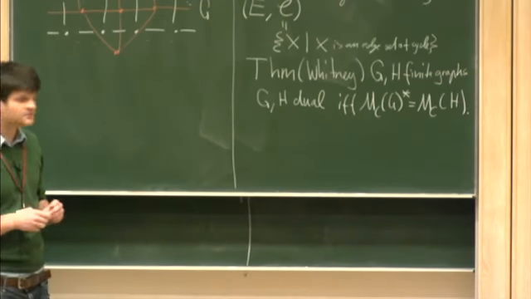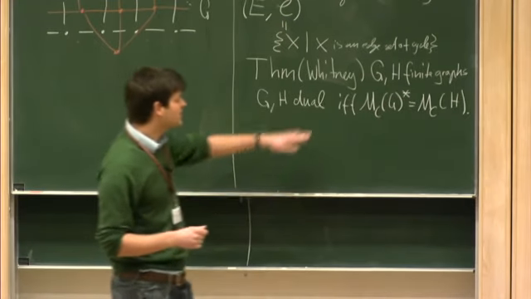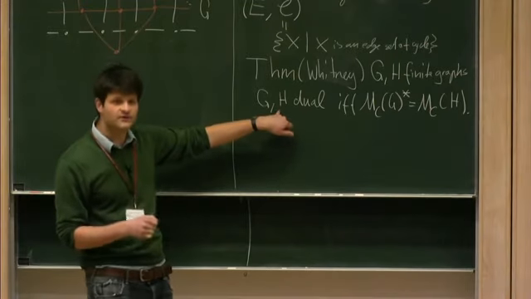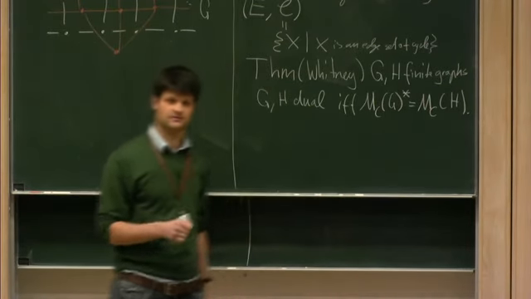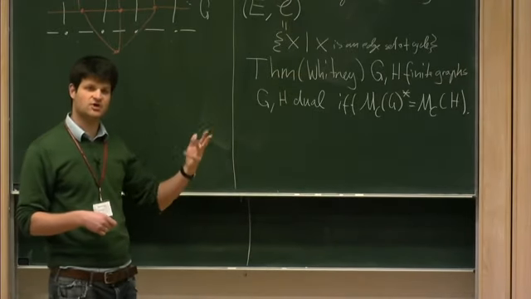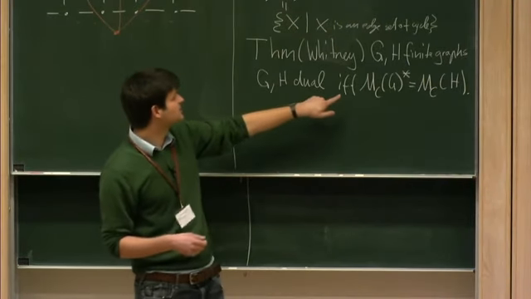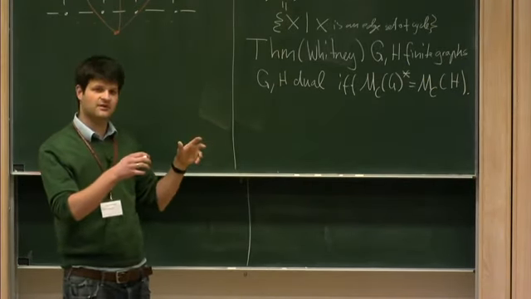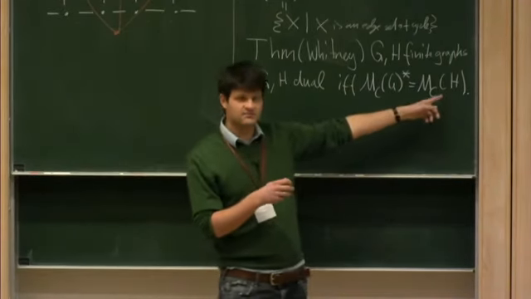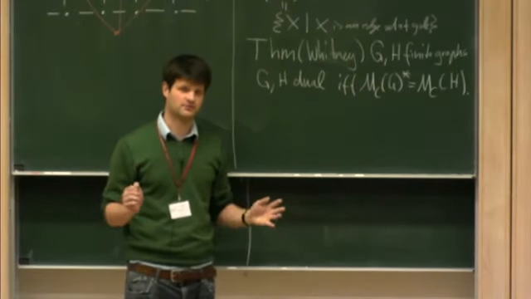Are G and H planar graphs? In the theorem you do not require that they are planar, but it says they are planar duals if and only if their cycle matroids are duals. So you could even use this theorem to characterize planar graphs: if you start with a graph and look at the dual of its cycle matroid, and this is not the cycle matroid of any graph, then the graph you started with can never be planar.